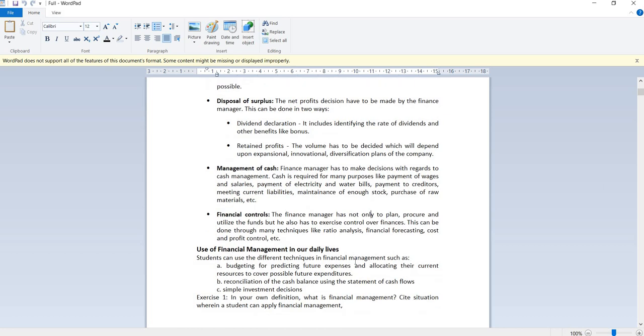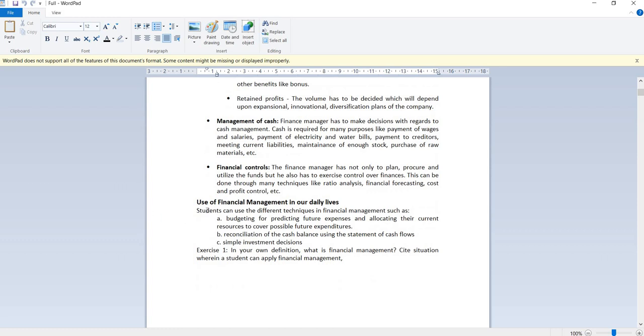Use of financial management in daily lives. So students can use the different techniques in the financial management such as budgeting for predicting future expenses and allocating their current resources to cover possible future expenditures.